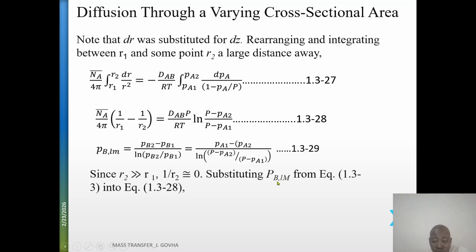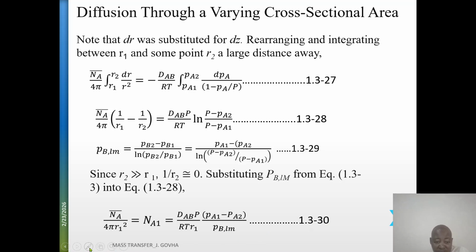Then we substitute for PB log mean, as indicated there. We would find that we get equation 1.330. So this is the equation we will use to calculate flux through a change in area.